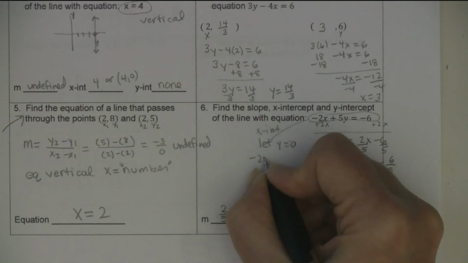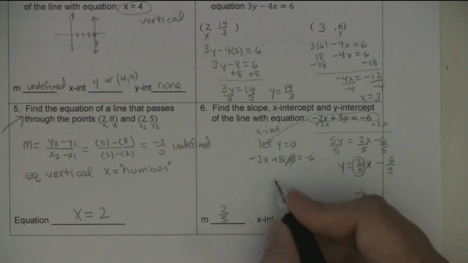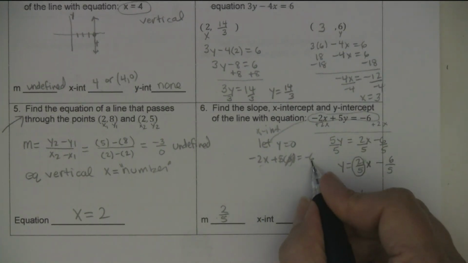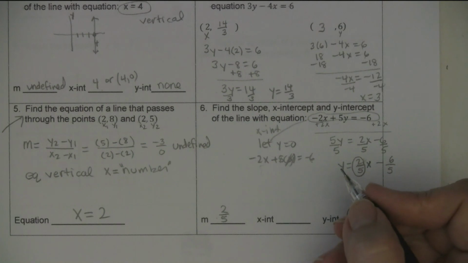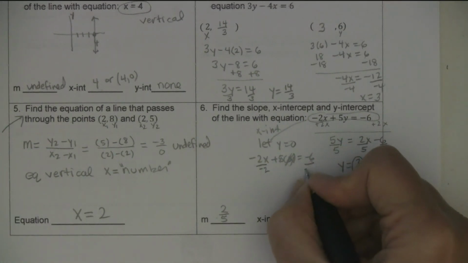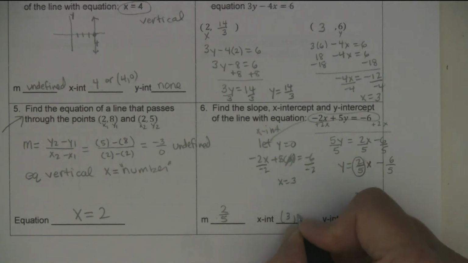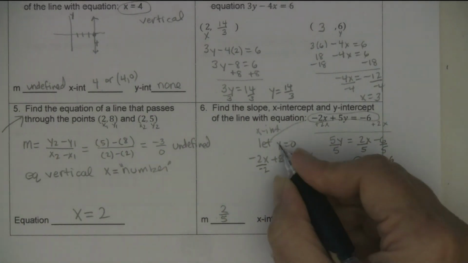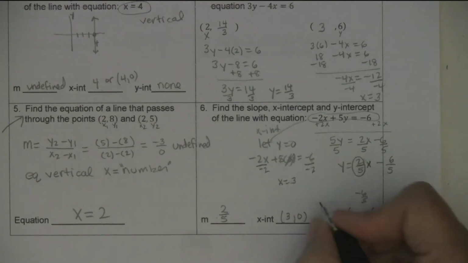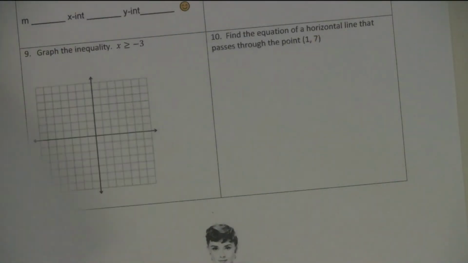So this is negative 2x plus 5 times 0 equals negative 6. So this is gone. And then I get negative 2x equals 6. Dividing by negative 2 gives me 3, right? And so the x-intercept is at 3. x is 3. So 3, 0. Or just in shortcut notation, simply 3 is okay as well. Okay, so that was number 6.